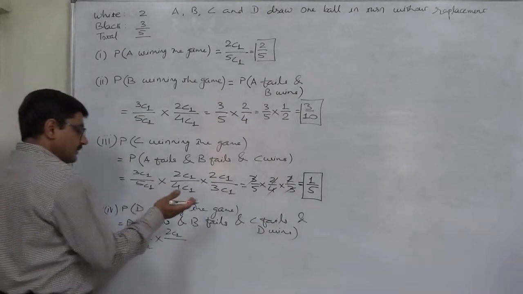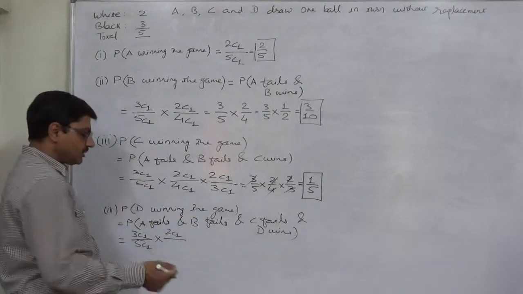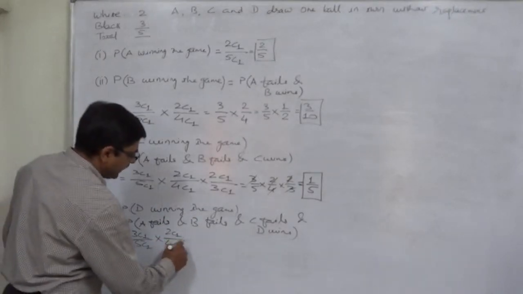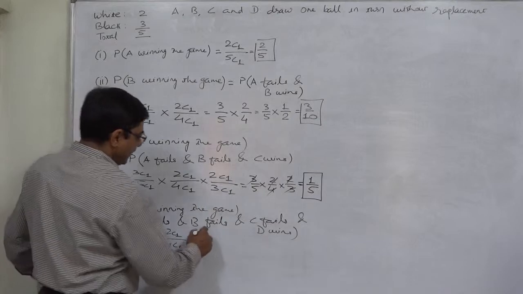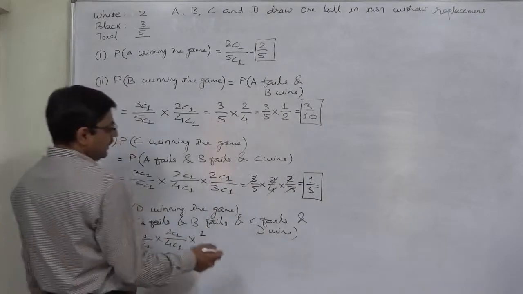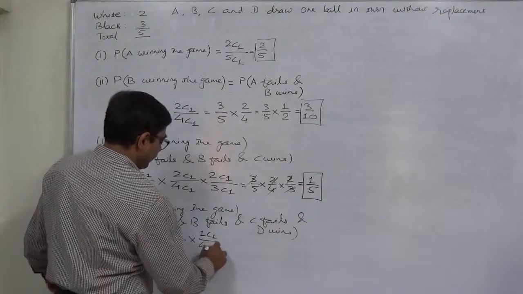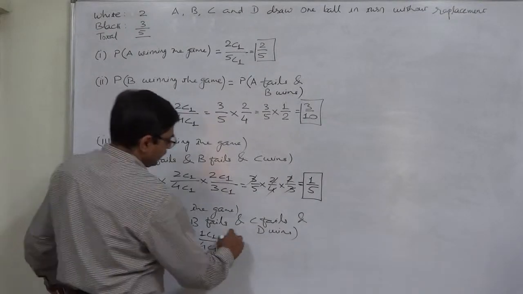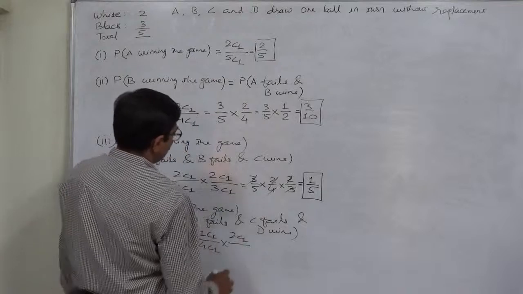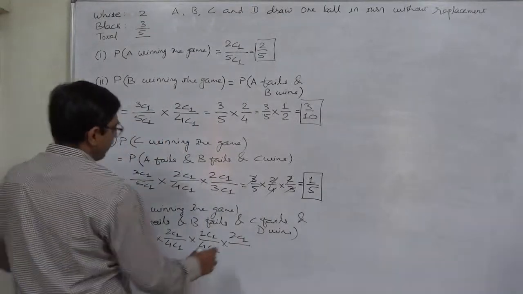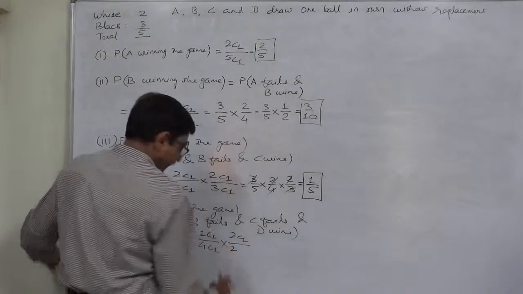B draws a black ball out of 2, and remaining 4. Similarly, now there is only 1 black ball which C draws, 1C1 upon 3C1, and now there are 2 white balls, 2C1 upon 2C1.